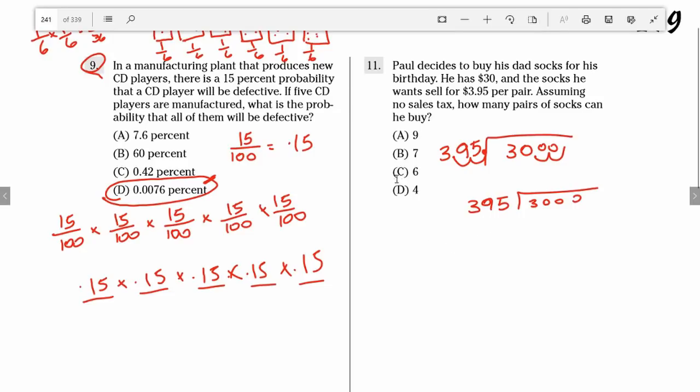Okay? Again, if I were to round this up to 400, I know 4 times 7 is 280. So 395 times 7 is going to be close to 2,080. So let's go ahead and just multiply this by 7 and see if that gets us close to 3,000. 5 times 7 is 35.